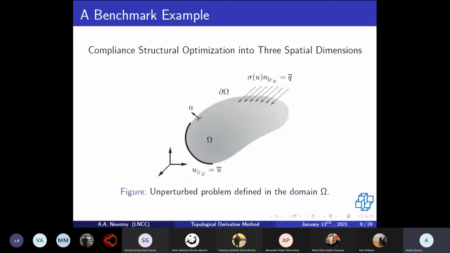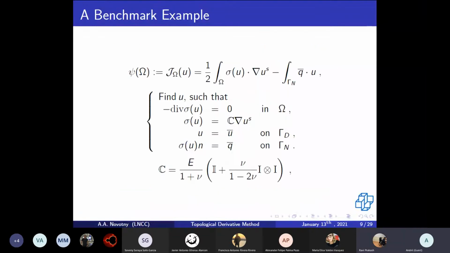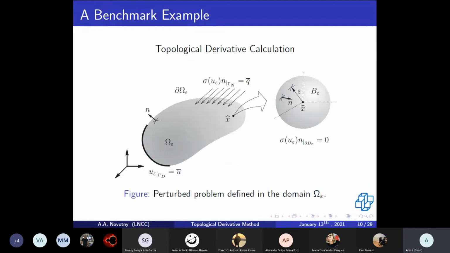So here in the picture, we have gamma N here with some traction, and somewhere the structure is prescribed. For example, it's clamped, where U bar is 0, for example. So the idea is to introduce a small hole inside the domain.